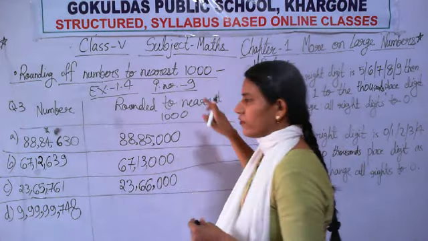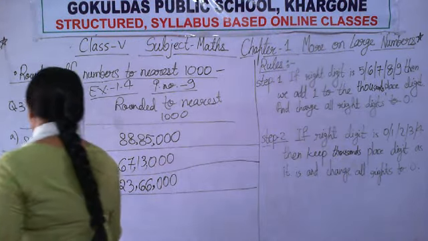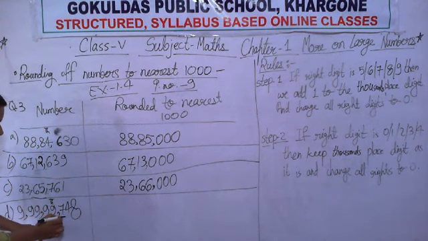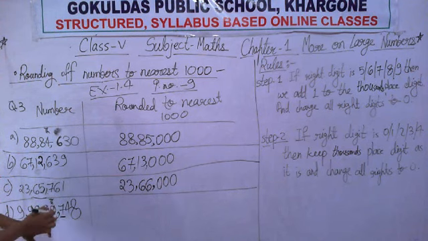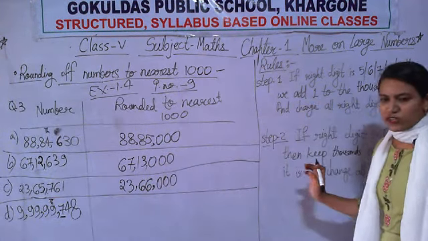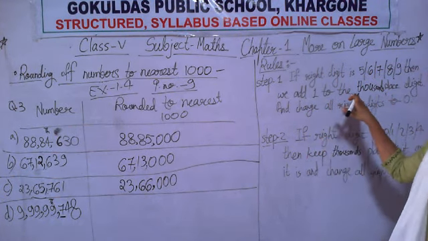So for rounding off, what will you do? You will check just the right digit to the thousands place. Here 9 is at the thousands place. You will check this digit, just the right digit. So this right digit, that is 7, is coming in which step? In step 1 or step 2?